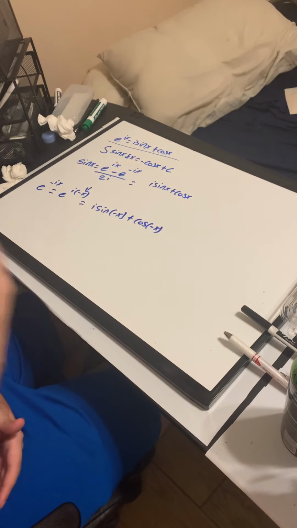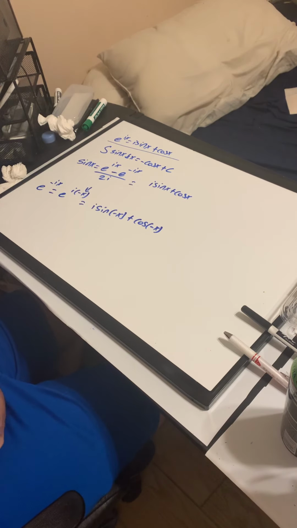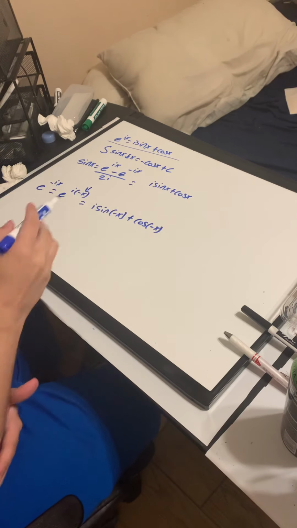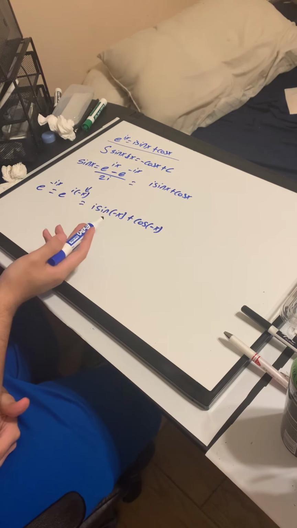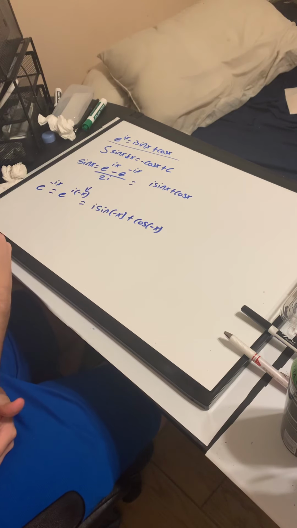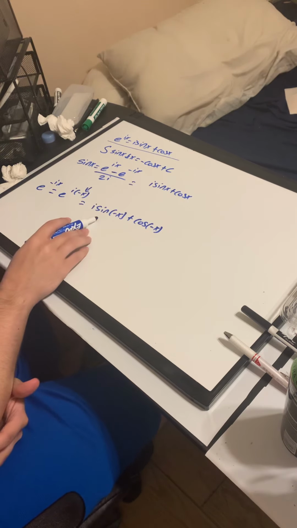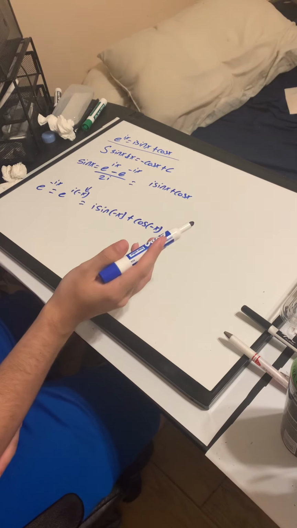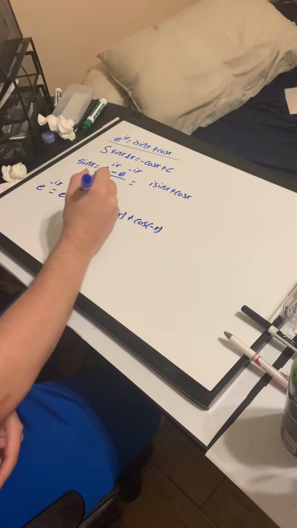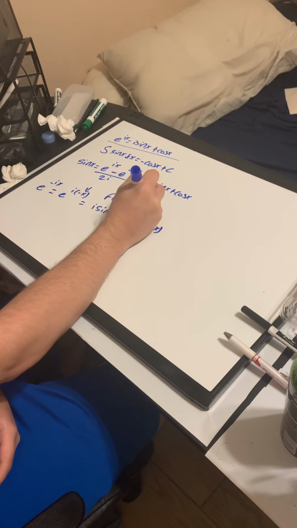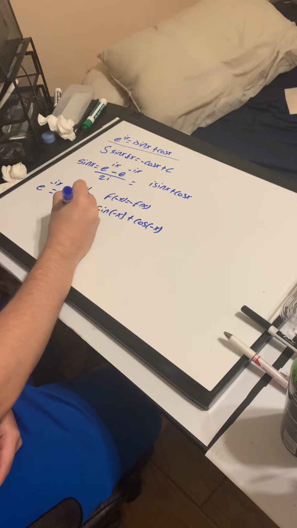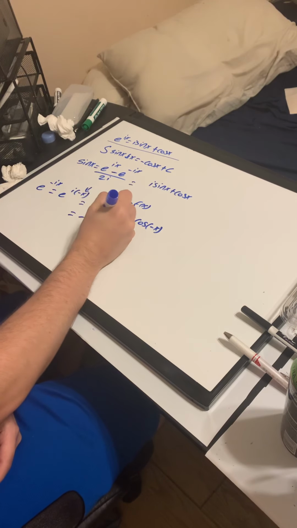Now, we must think back to our algebraic rules of even and odd functions. If you've taken calculus 2, or even trigonometry, it really pops up mainly in calculus 2 when you start doing Taylor series, where you see that sine is what's called an odd function, right? And since it's odd, it has the property that f of negative x is equal to negative f of x. So this becomes negative i sine of x.